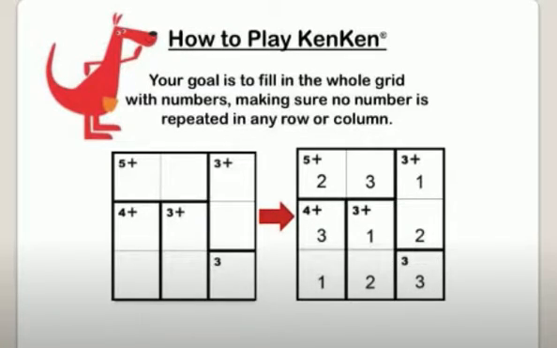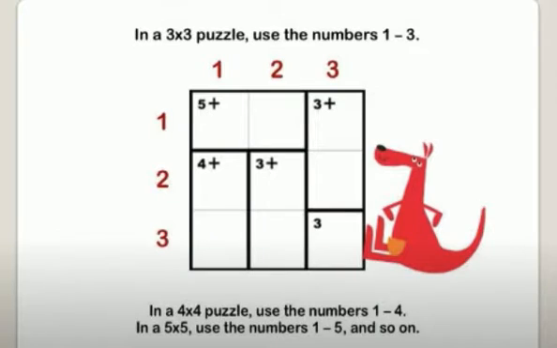How to play Ken. Your goal is to fill in the whole grid with numbers, making sure no number is repeated in any row or column. In a 3x3 puzzle, use the numbers 1 through 3.